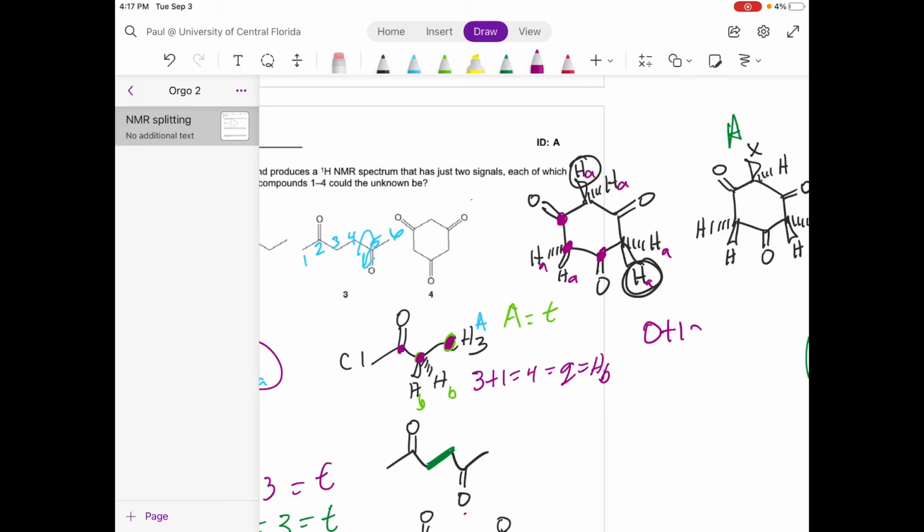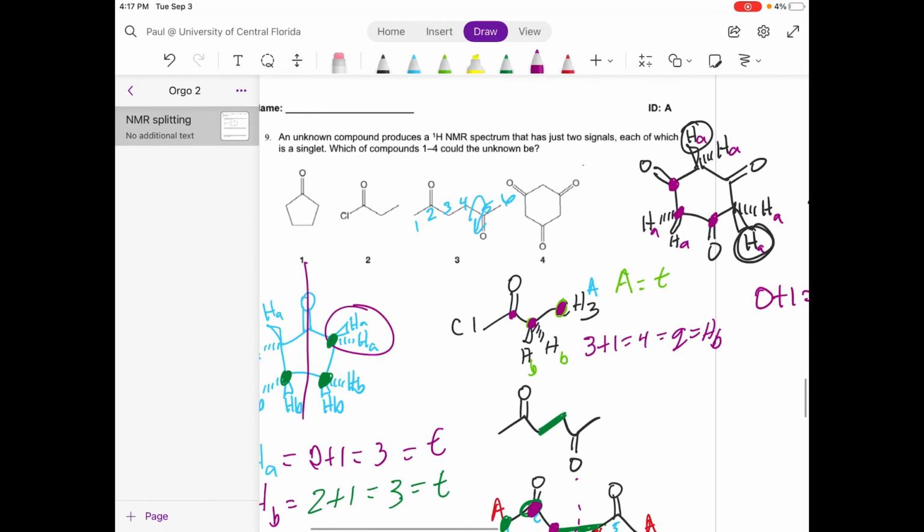So 0 plus 1 equals 1, which is a singlet. So H4 also has just singlets, but there's only going to be one signal. So what did the problem ask? Which has 2 signals, each of which is a singlet? That would be molecule 3.